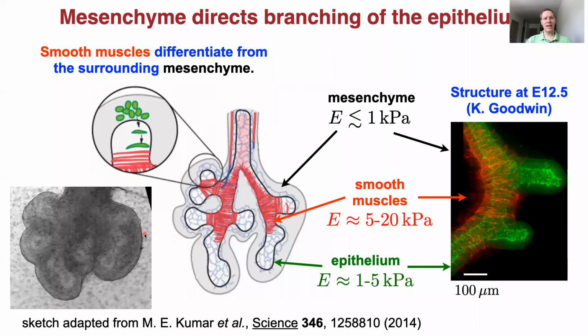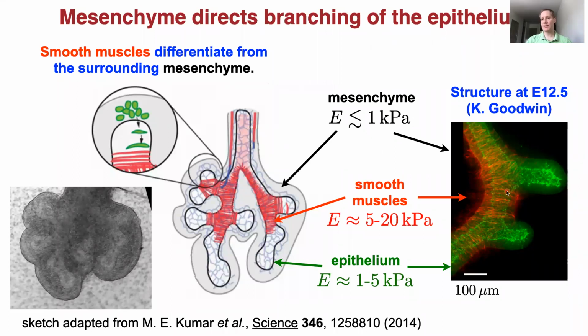It also affects the epithelium through mechanics, because part of the surrounding mesenchyme cells will differentiate and form these red smooth muscles, which you see here. These stripes are called smooth muscles, and they are stiffer than the other two tissues.